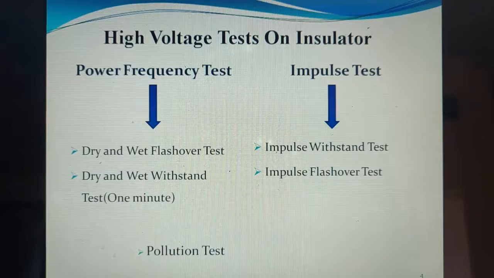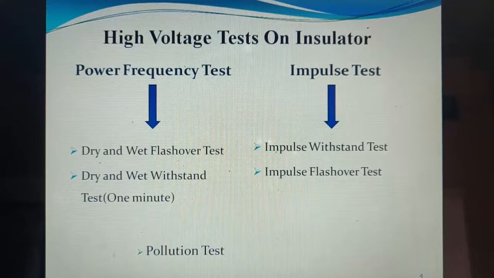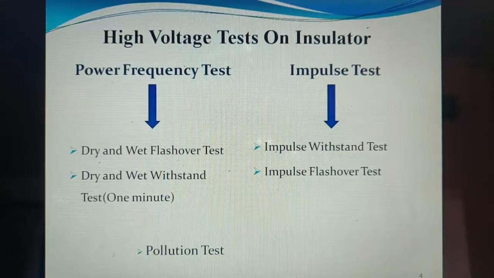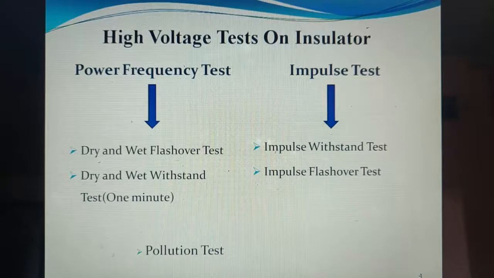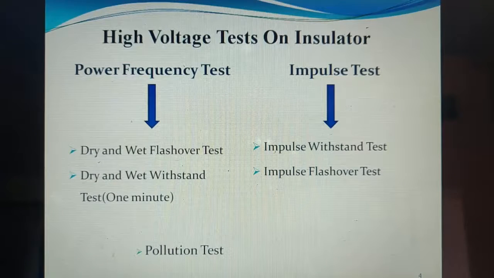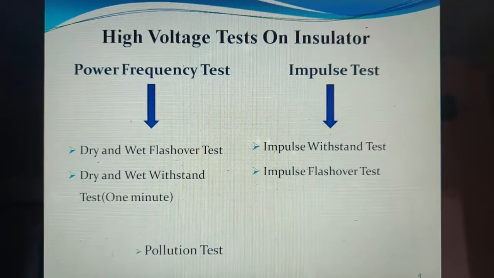This test is carried out under the influence of artificial rain, created by a specially designed fountain, with the water sprayed at 45 degrees to the vertical. The water drops fall on the insulator at 45 degrees to the vertical as the rain condition.